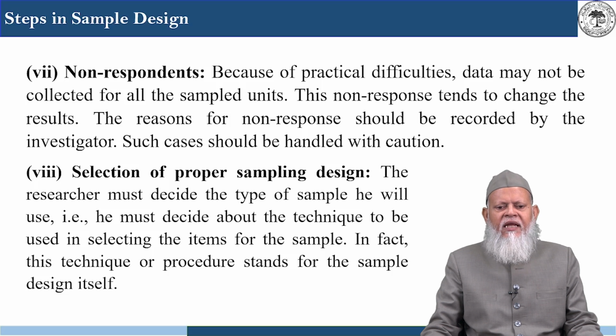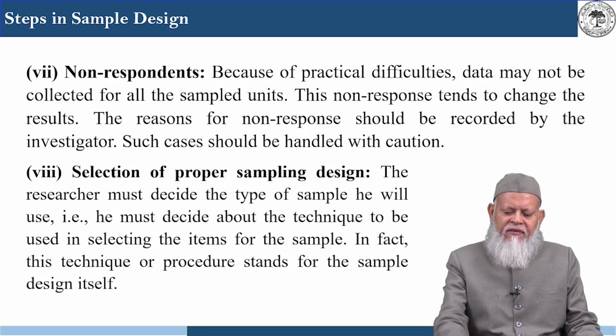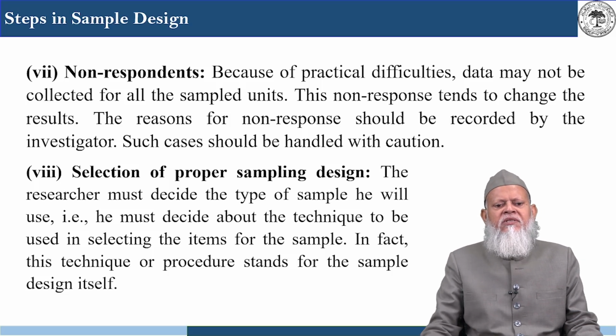And then the selection of the proper sampling design. The researcher must decide the type of sample he is going to use, the type of sampling method. The researcher will be adopting a sampling technique for the collection of his data, and so this has to be decided. The researcher must decide about the technique to be used in selecting the items of the sample.